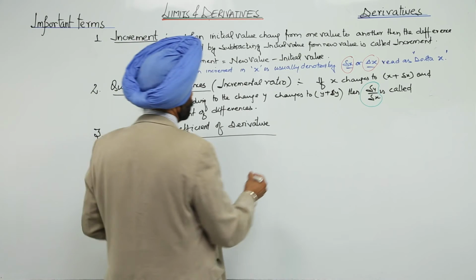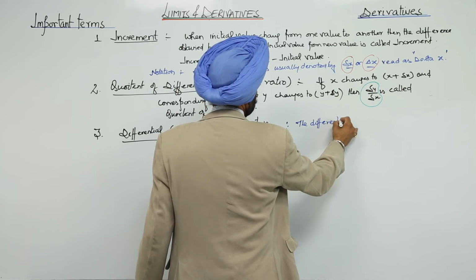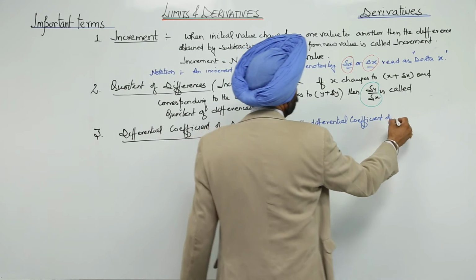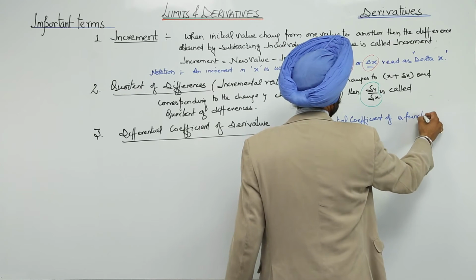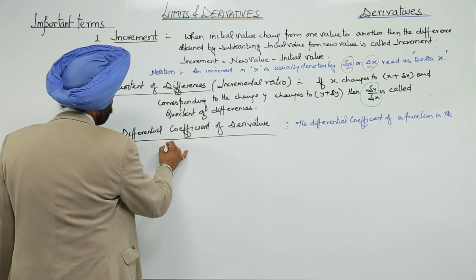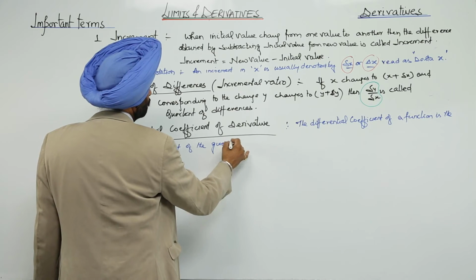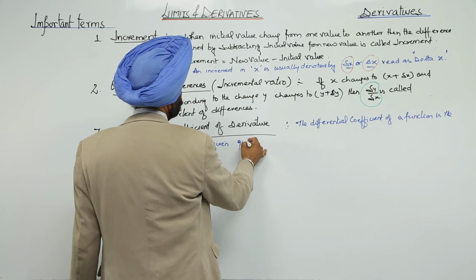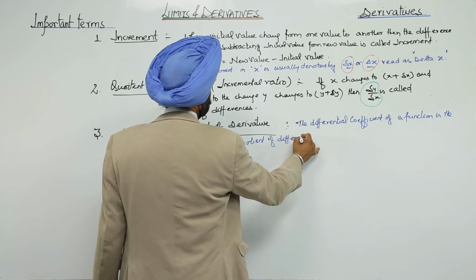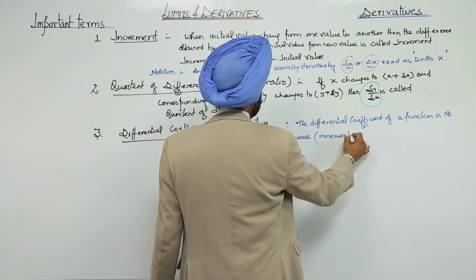differential coefficient or derivatives. Now, the differential coefficient of a function is the limit of the given quotient of differences, that is incremental ratio.